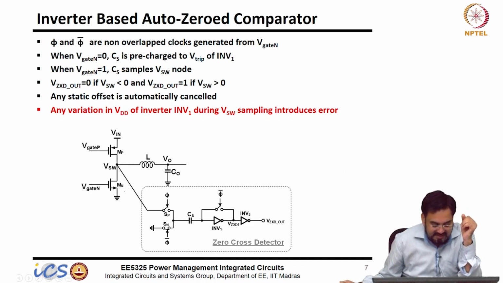So what we do here is, this phi and phi bar are generated from V gate N, which is what we are controlling at the bottom, using a non overlapped clock.